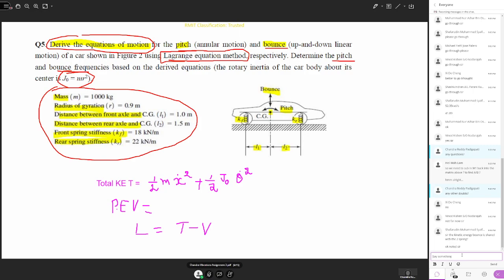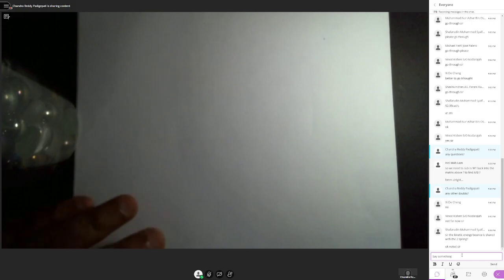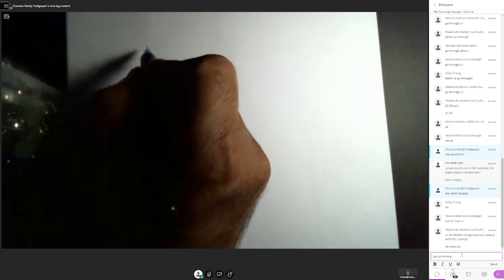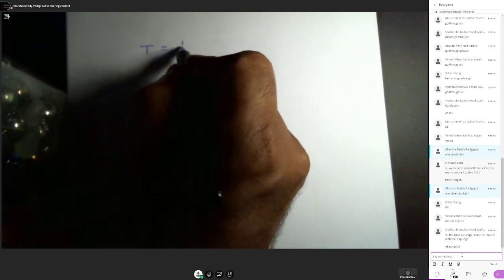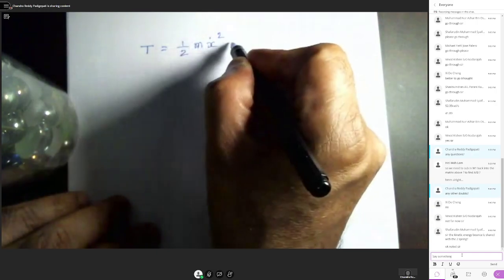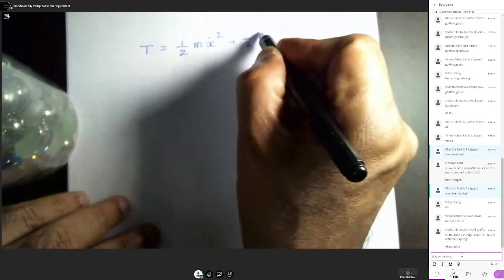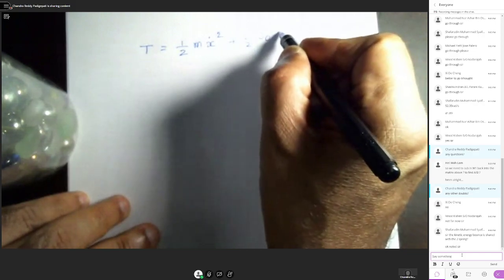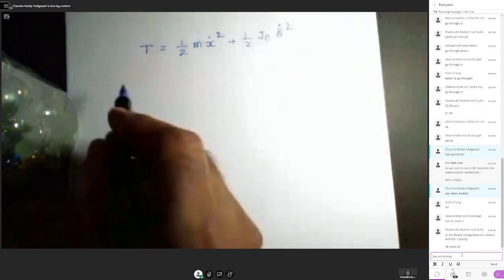All right, so next I'll go back. Here the potential energy can be written as follows. T we have written as half m x dot square plus half J naught theta dot square.